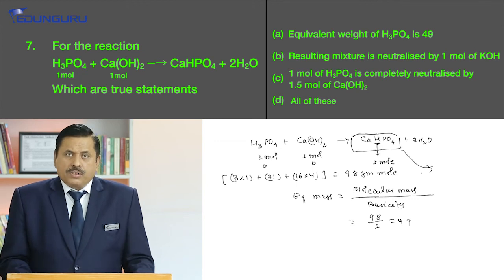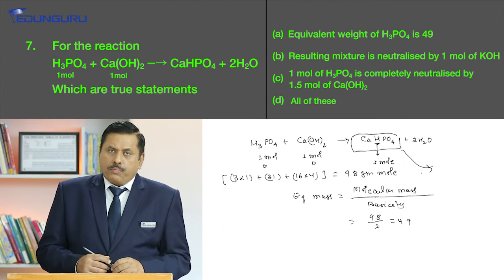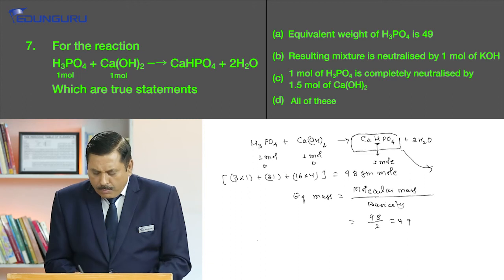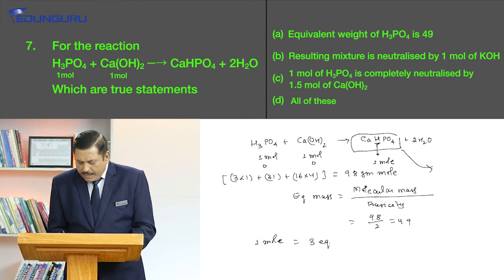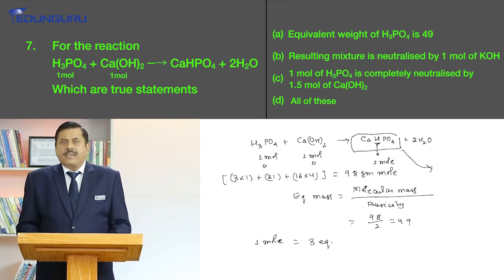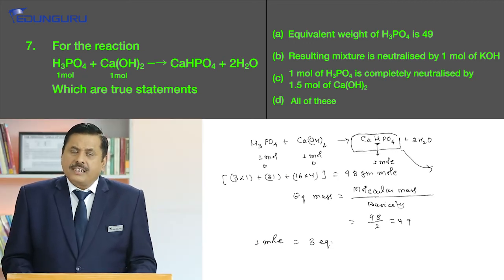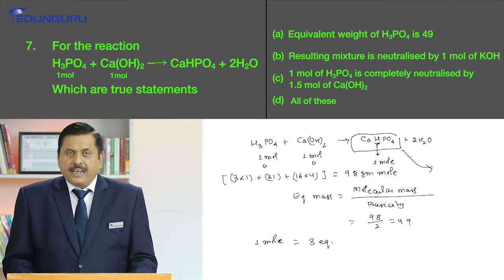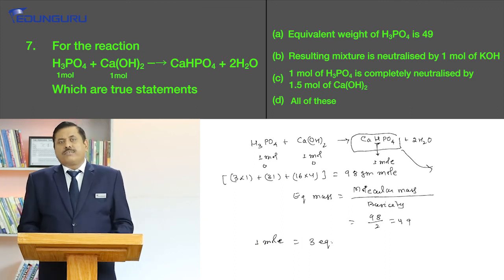Now, let us come to the third statement. 1 mole of H3PO4, when it is completely neutralized, means 3 equivalents, because during complete neutralization, all the 3 H plus have to be replaced, that is, basicity during complete neutralization is 3, and the number of equivalents for an acid we know is equal to the number of moles into its basicity.